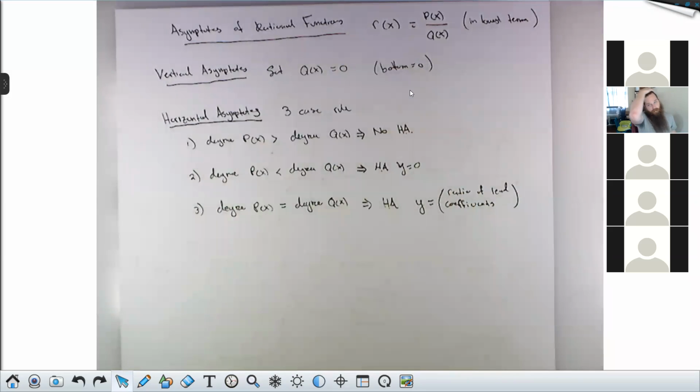So that's like what we saw in the last guy, 3x plus 5 over x plus 2. Your horizontal asymptote came out to y equals 3, which is 3 over 1. 3x plus 5 over 1x plus 2. The lead coefficient upstairs was 3. The lead coefficient downstairs was 1. So your horizontal asymptote is y equals 3 over 1, or just 3.